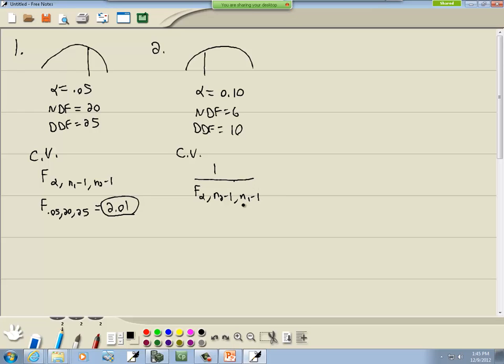Well, this flips around. This puts the denominator degrees of freedom first. So we're going to look up F alpha, where alpha was 10%. Then our denominator degrees of freedom is 10, and then we're going to look up 6. So those get flipped around when you're dealing with the left tail.